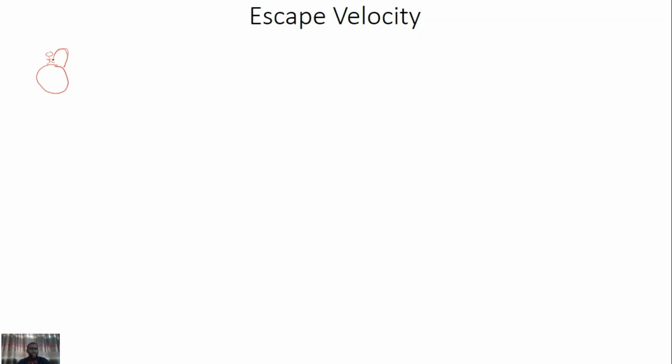But is it possible for us to throw something up and that body will never return? Yes, it is possible. But for this to happen, that body must be thrown with a velocity that is equal to or greater than the escape velocity.